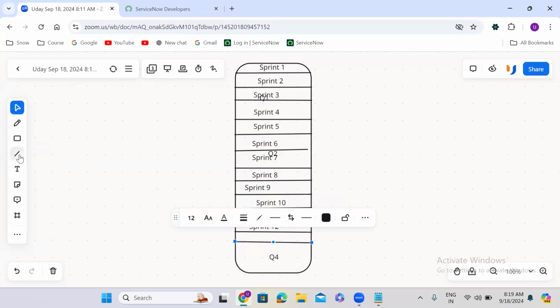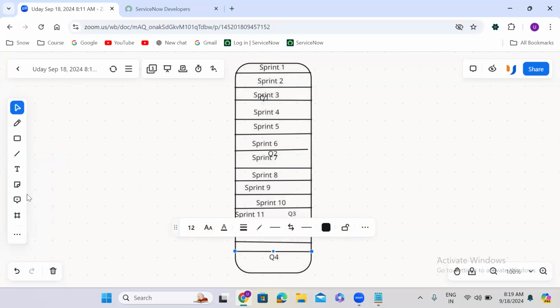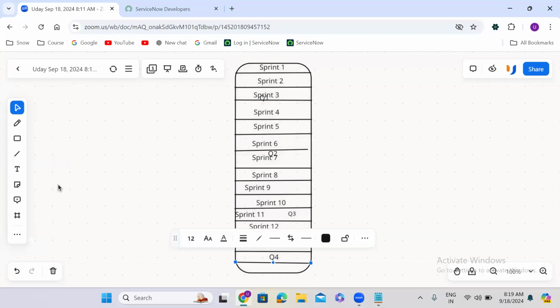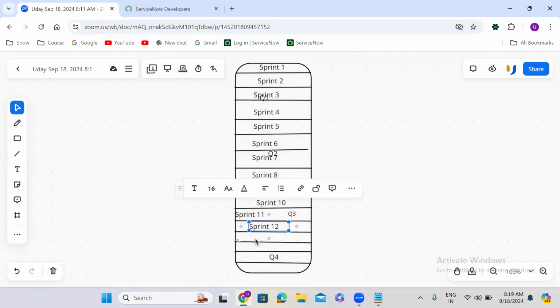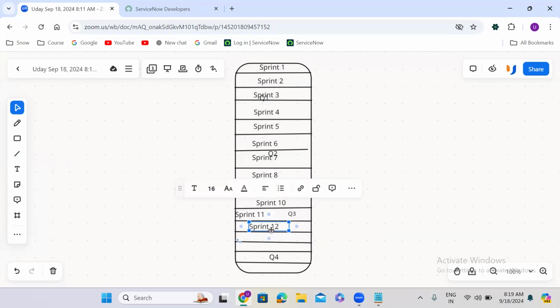And again, you divide this quarter into four parts. So total per year, how many sprints here? Guys, tell me. Total per year, how many sprints?